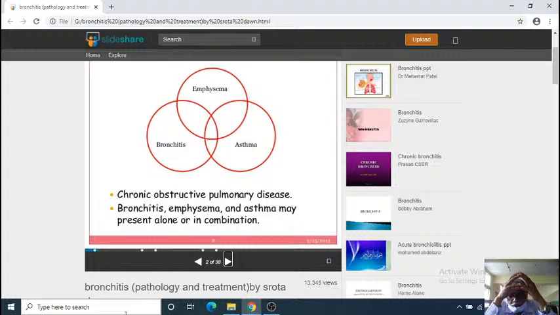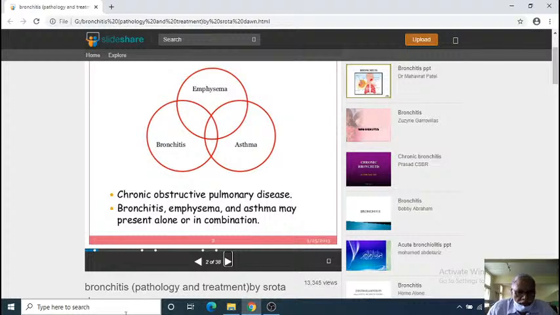One is acute bronchitis, and second is chronic bronchitis. Acute bronchitis is of very short duration, a week or 10 days, and chronic bronchitis, if bronchitis is present more than 3 months, then we call it chronic bronchitis.